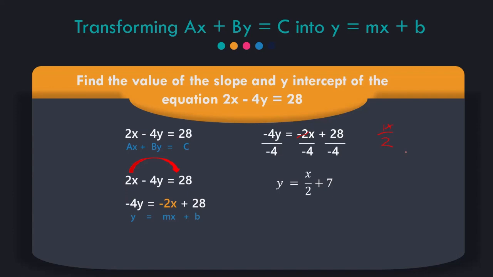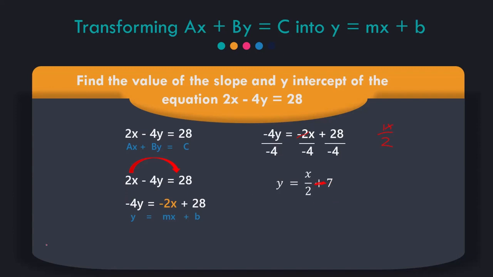But, in writing this 1, hindi na natin sinusulat yung numerical coefficient na 1. Tama? Therefore, we will now have x over 2 plus what is now 28 over negative 4. So, this is positive divided by negative. It should be negative, right? Okay. So, we're going to have negative 7.